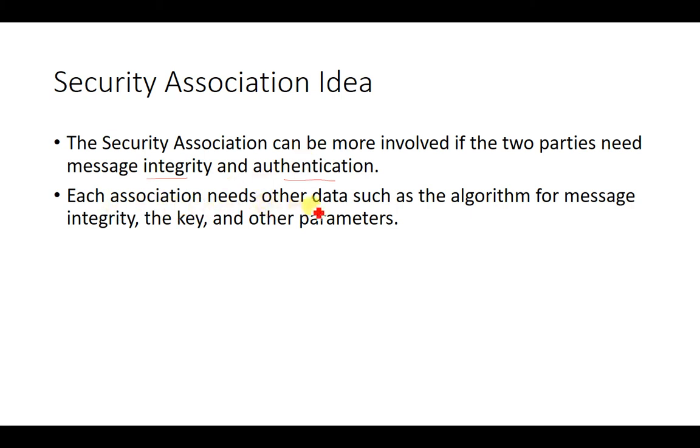Each association needs other data such as an algorithm for message integrity, the key, and other parameters. So multiple things will now be required to make the communication with all three facilities. It means all the security features should be preserved: confidentiality, integrity, and authentication. So that will be slightly more complicated.